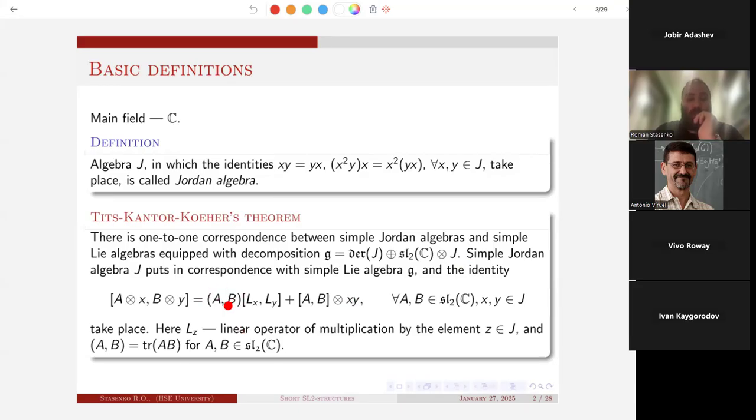The parentheses are the notation for the scalar product on the Lie algebra, namely the trace of the product of these operators. So the Tits-Kantor-Koecher theorem tells us that between simple Jordan algebras and Lie algebras there is a one-to-one correspondence, and this is the motivation of our investigation, of our talk.